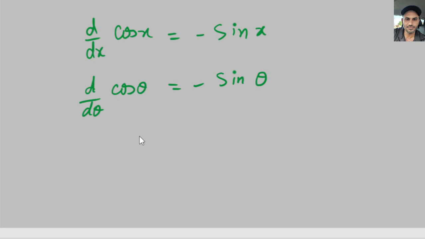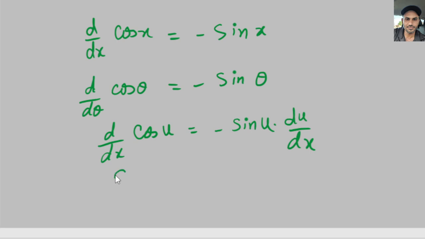Another important property that we have to know is the chain rule. If we are taking the derivative of cosine of u, where u is a function of x, it's going to be negative sine of u times du over dx.